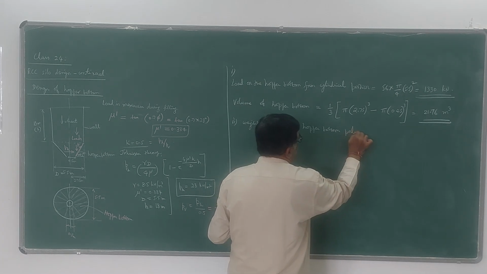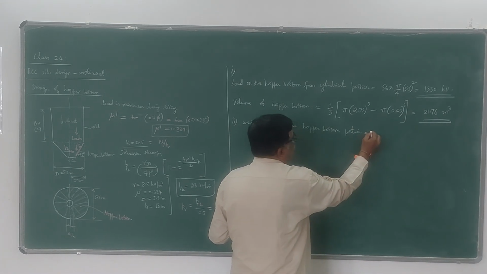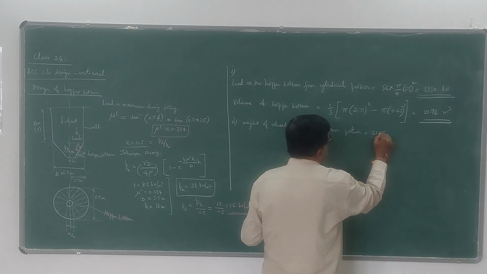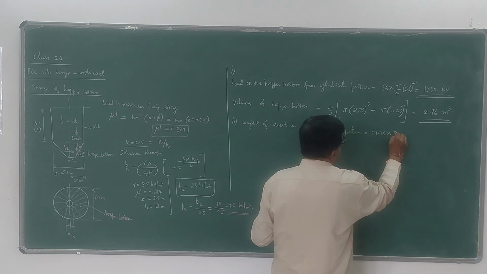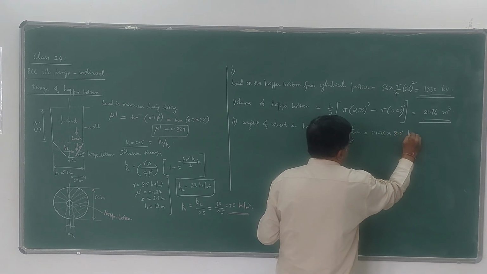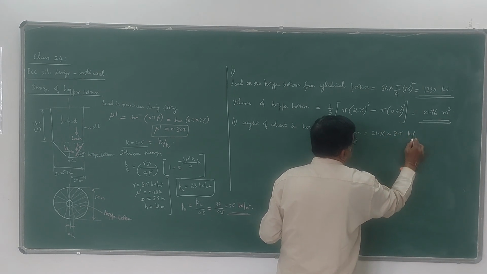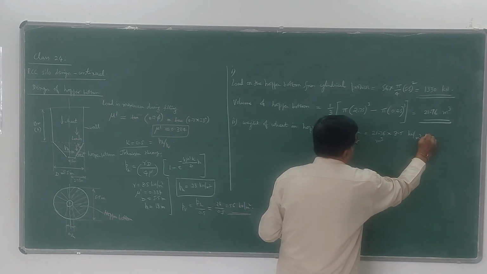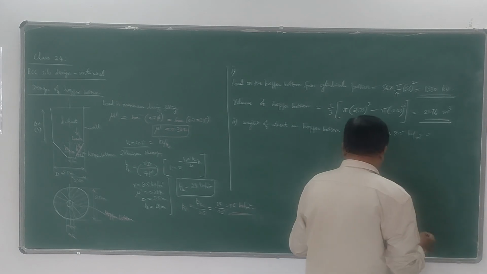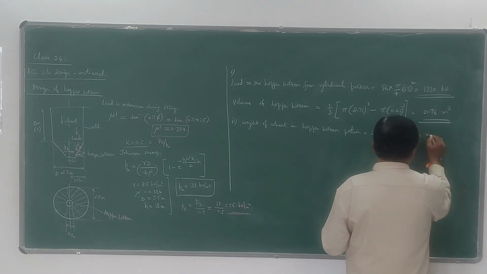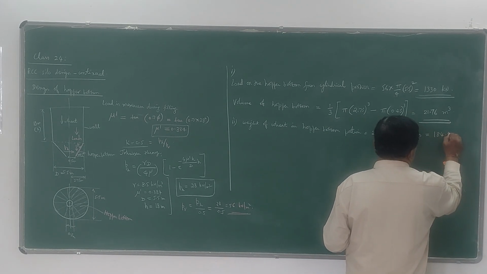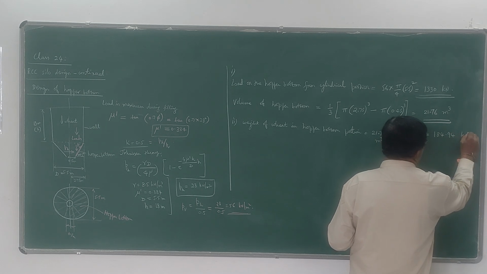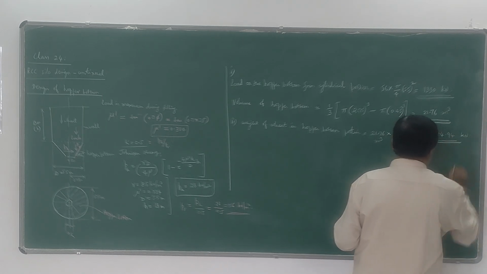This is given by whatever volume we got, 21.76 meter cube, multiplied by the density of wheat, which is 8.5 kilonewton per meter cube. If you multiply, you get 184.94 kilonewton. So this is the weight of wheat in the upper bottom portion.